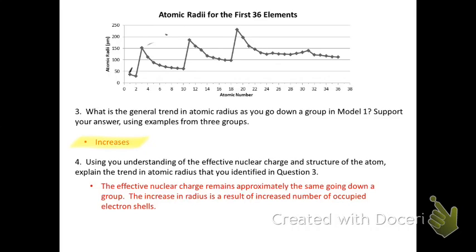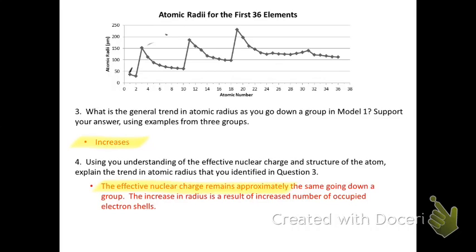Why is this the case? That goes to number 4. Using your understanding of effective nuclear charge and the structure of an atom, explain the trend of atomic radii that you identified in question 3. Well, this should be going back to look at Lecture 1 now. You know from Lecture 1 that the effective nuclear charge remains approximately the same as you go down a group.